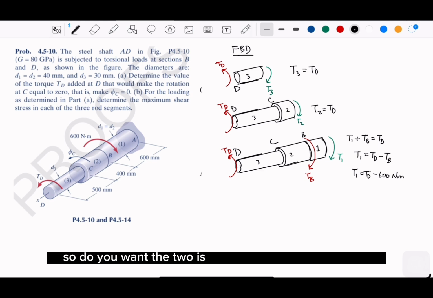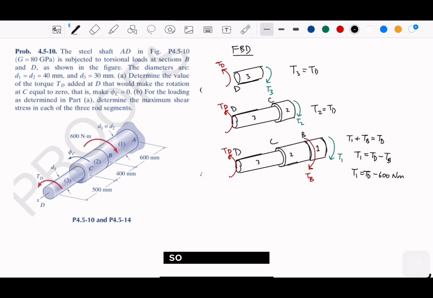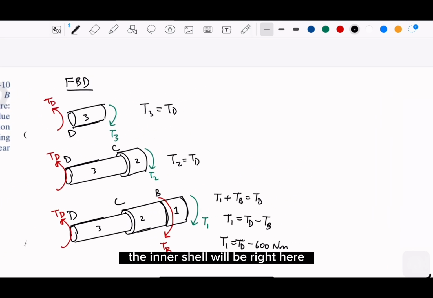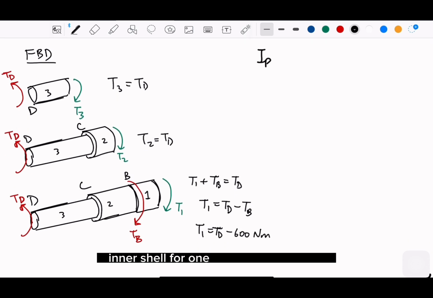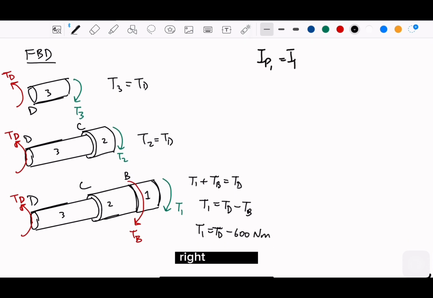So D1, D2 is the same, D3 is smaller, so we could write the inertia right here. Inertia for 1 and 2 is the same, right?